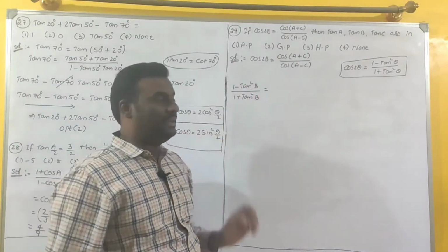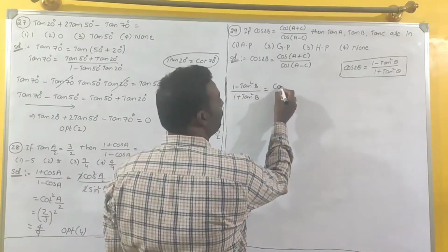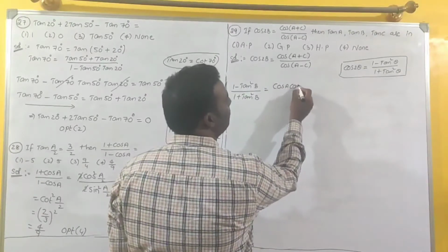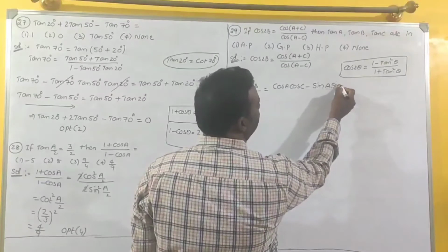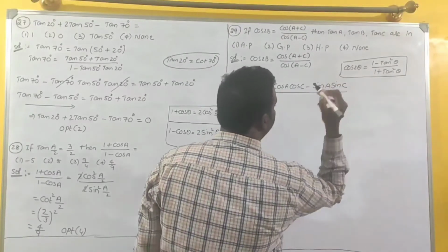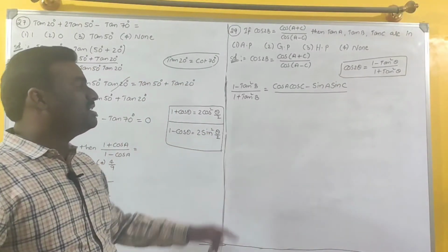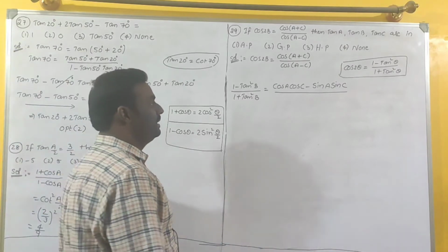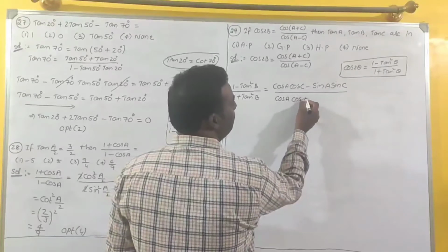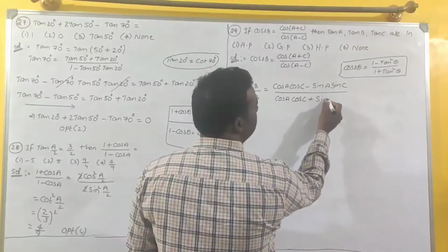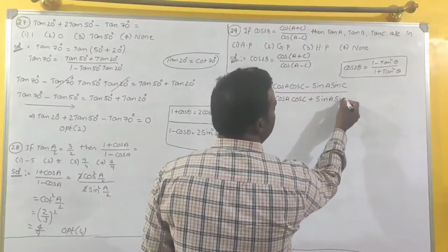Cos of A plus C: cos A cos C minus sin A sin C. Denominator, which formula? Cos of A minus C, that is cos A cos C plus sin A sin C.